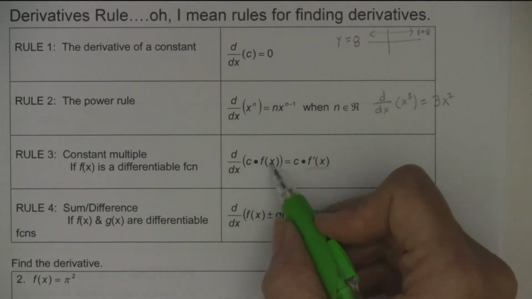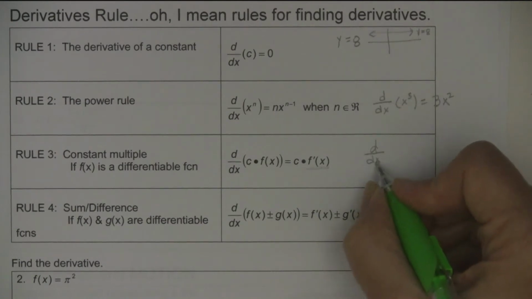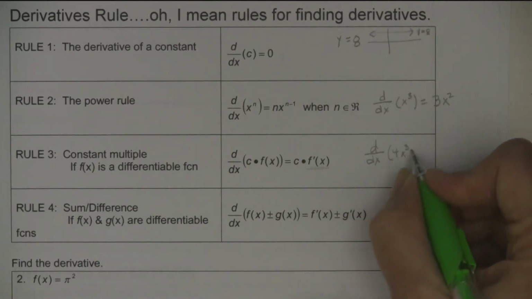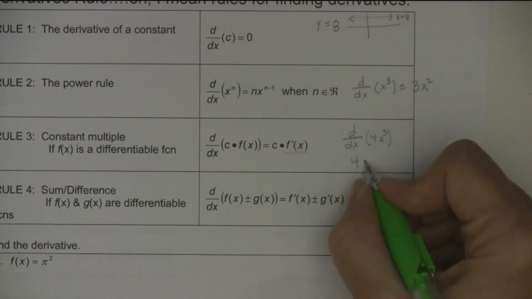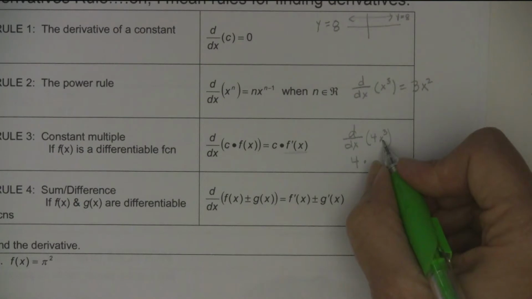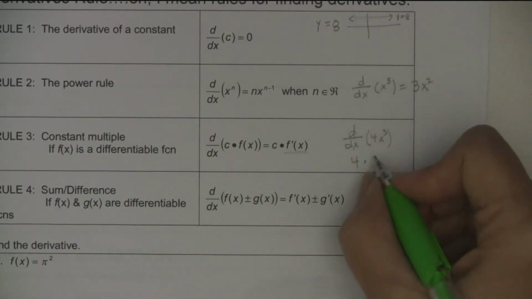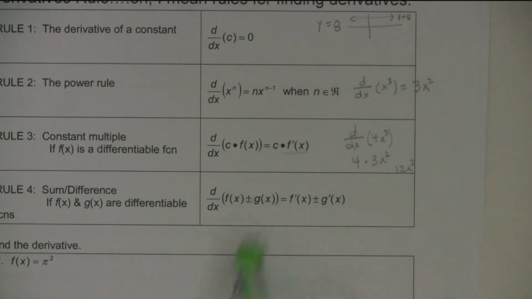But if you have a constant multiplied by a function, so basically what this is saying is if you're trying to take the derivative of, let's say, 4x to the third, then that 4 can come out in front and hold still while I take the derivative of x to the third, which you guys found was 3x to the second. And so then this would be 12x to the second. And so there we have a good job there.